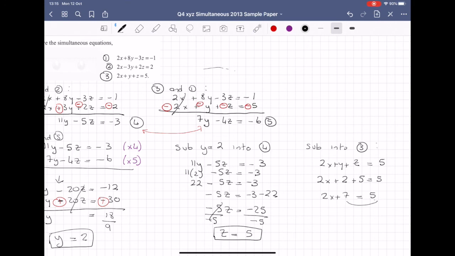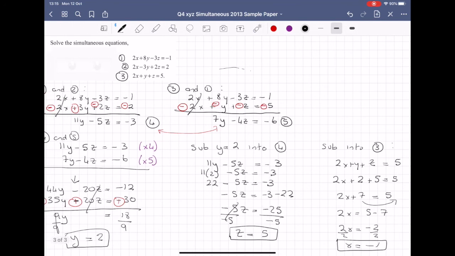Bring it over. 2x is equal to 5 minus 7. 2x is equal to minus 2, divide by the number in front of x, x is equal to minus 1. So the solution: y is equal to 2, z is equal to 5, x is equal to minus 1.